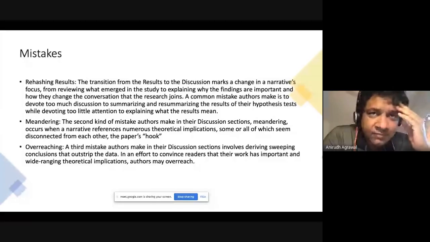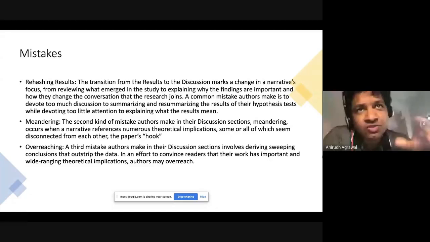And sometimes I feel that it's playing with the words. So the problem with qualitative articles is playing with the words. The more you are good at playing with the words, the better you can hedge the risk of overreacting or rehashing the results.